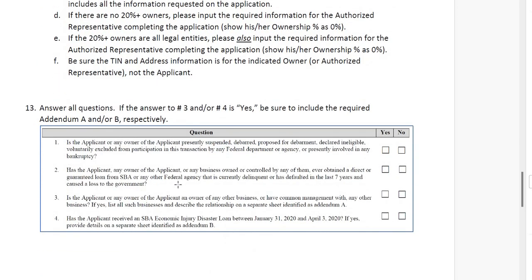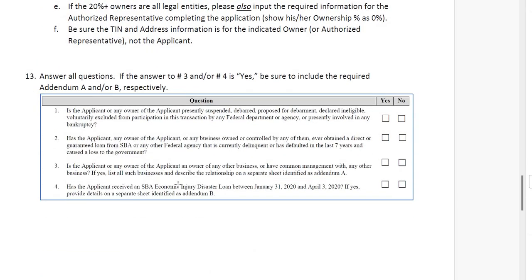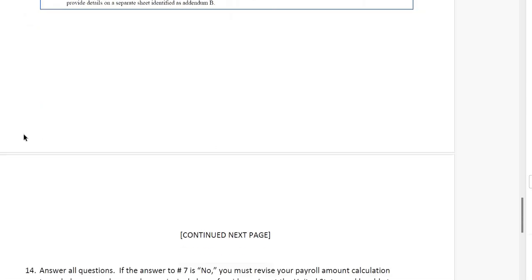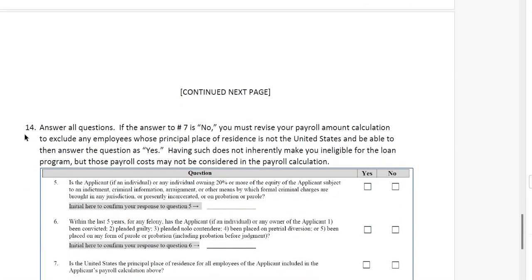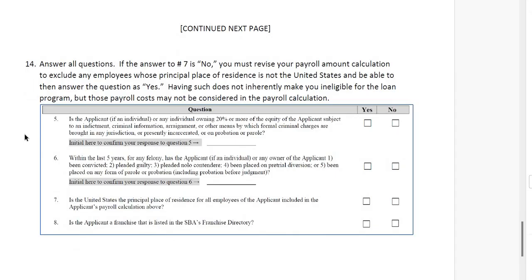Number 13 starts providing instructions on answering the questions on the 2483 application form. Number 14 on the instruction guide, again, answer all questions. It goes on to instruct and show the questions the borrower is needing to complete for the form.